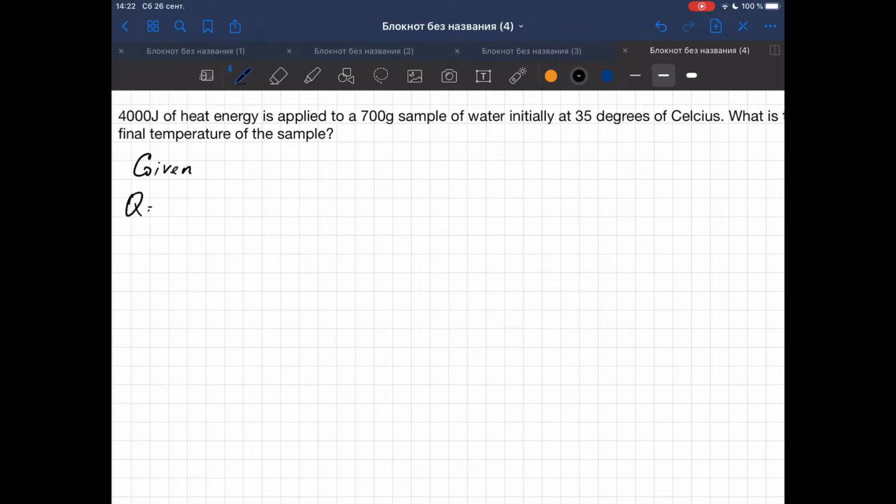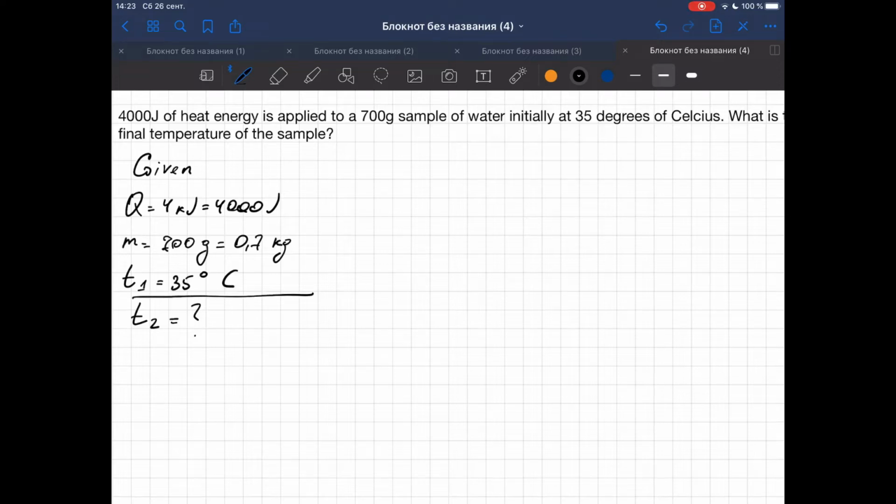The given is quantity of heat is 4 kilojoules or 4,000 joules. The mass of the sample, which is equal 700 grams or 0.7 kilograms. And initial temperature, which is first temperature, is equal 35 degrees, and we have to find the final temperature, which is the second one.